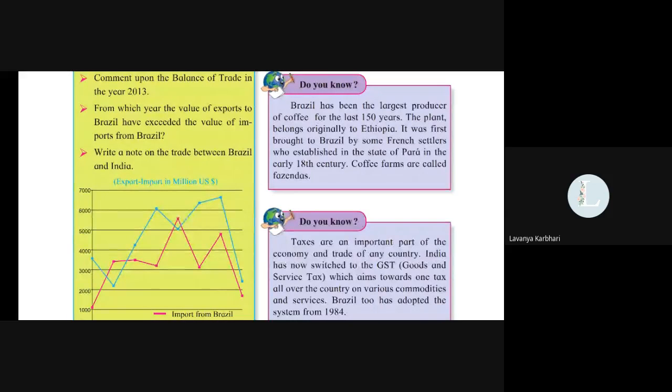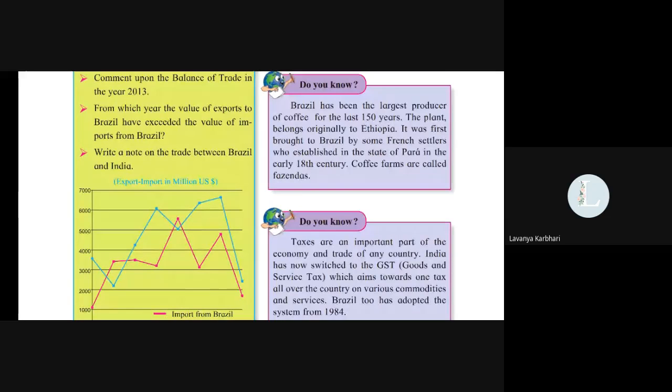The plant, okay, ही जी काही प्लांट आहे कॉफीची जी काही, ओके, ती प्लांट मुख्यत्वे इथिओपिया म्हणजेच आफ्रिका खंडामध्ये होती ओरिजिनली. तिचं जे उगमस्थान आपण म्हणतोय कॉफीचे जे झाड असते ते मुख्यत्वे इथिओपियामध्ये आहे. It was first brought to Brazil by some French settlers who established in the state of Para in the early 18th century. ओके.